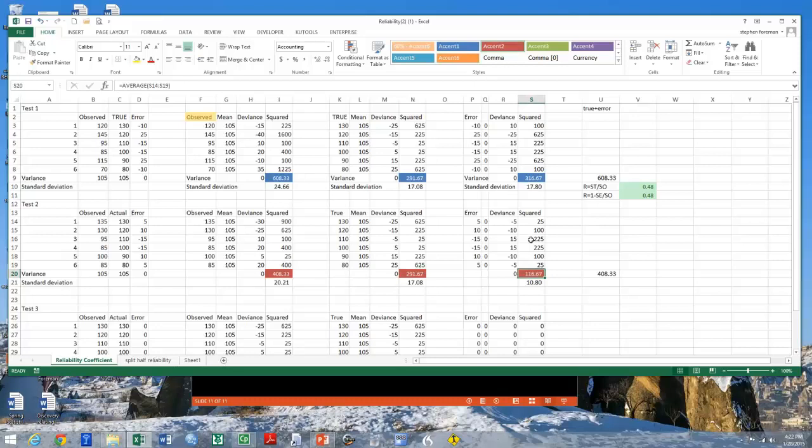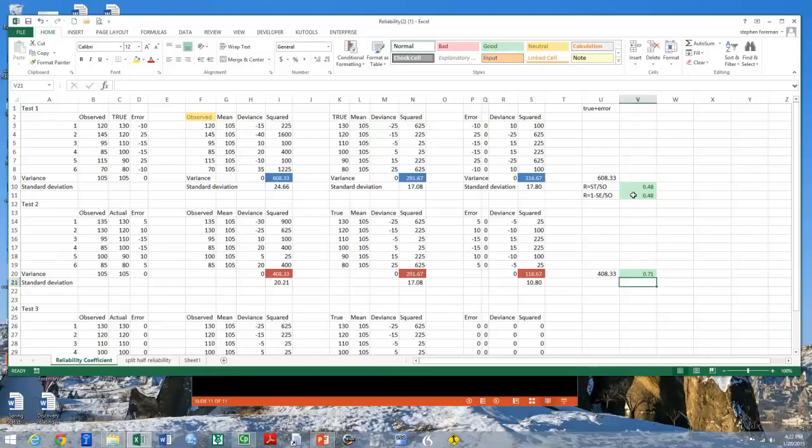And see, it's dropped. We're now down to 116.67. So if we divide 291.67 by 408.33, we're going to get a new reliability coefficient of 0.71.